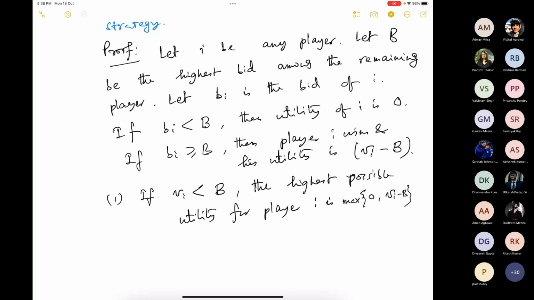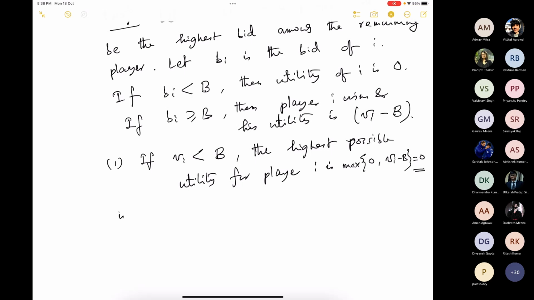If I take the max, this is 0. Now, in this case, when Vi is less than B, if Bi equals Vi, then it loses and it receives its highest possible utility, which is 0.